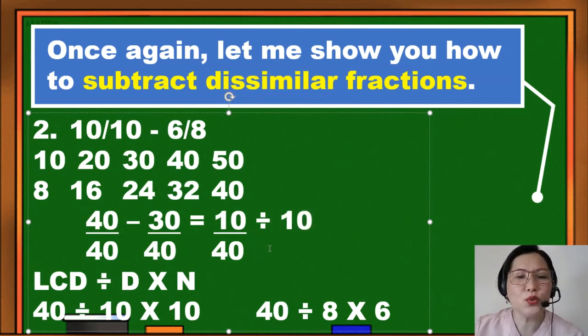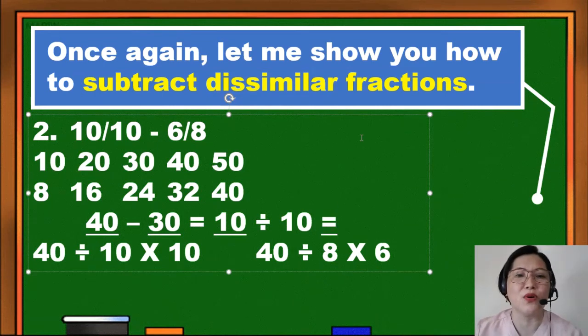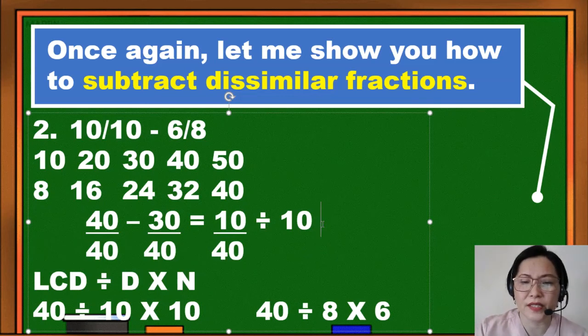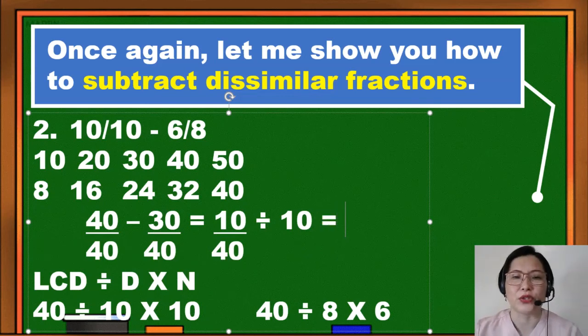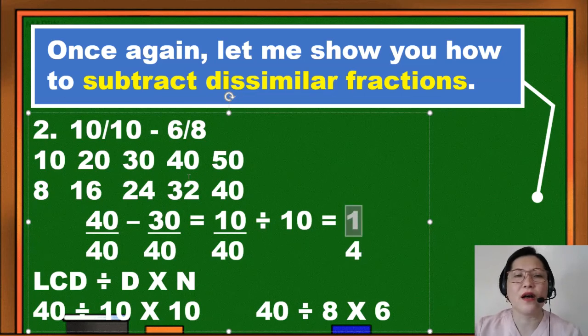It can be 2, it can be 4, it can be 5, it can be 8, but the greatest common factor is 10. That's why we're going to use 10, because it's the greatest among all the factors. So 10 divided by 10 is 1, and 40 divided by 10 is 4. So we now have 1/4.